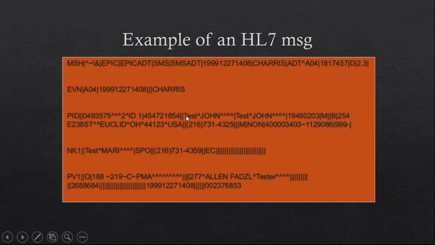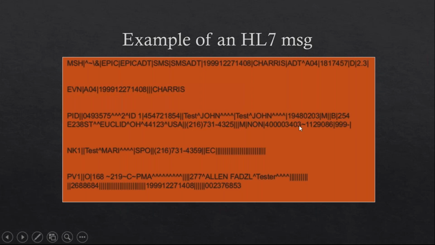Within this name, we see components which are separated with the help of a component separator. The first component is the last name, and the second component is the first name. This is an example to understand a component separator.